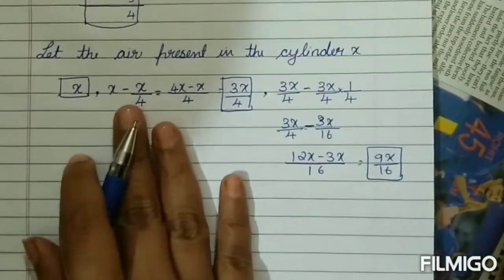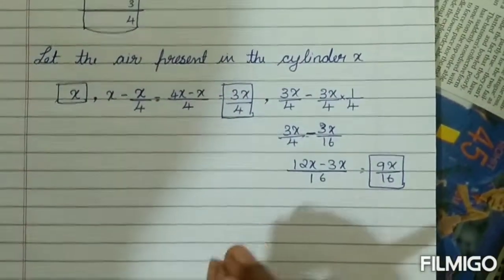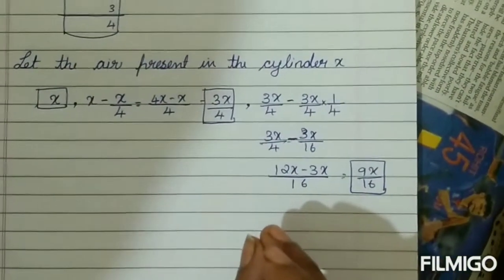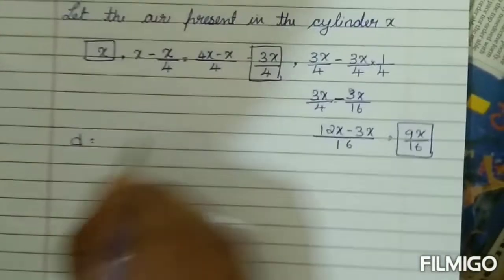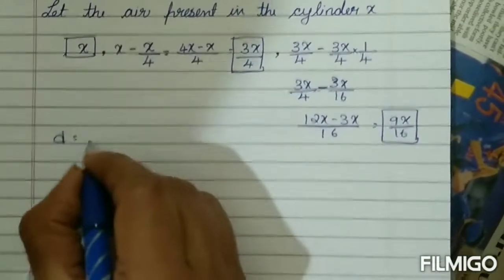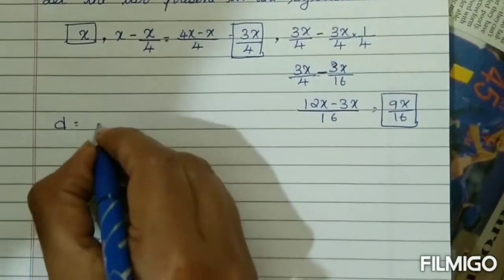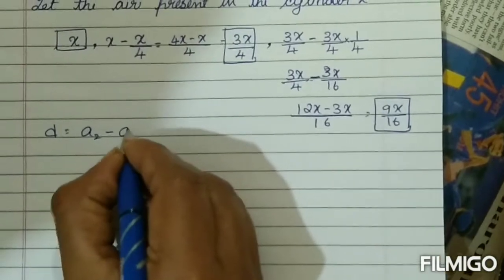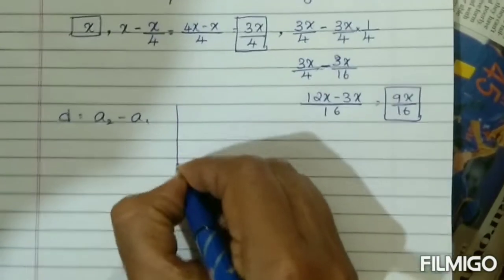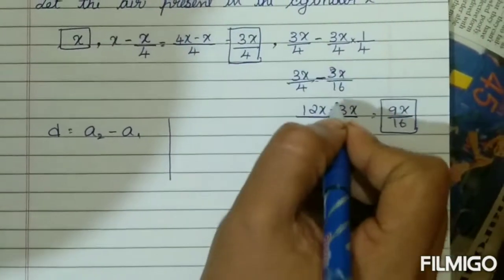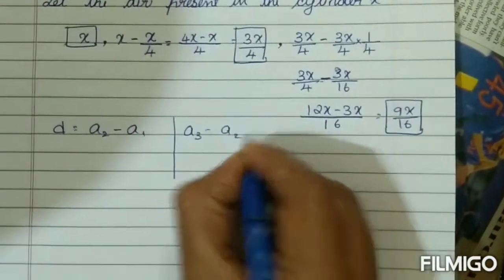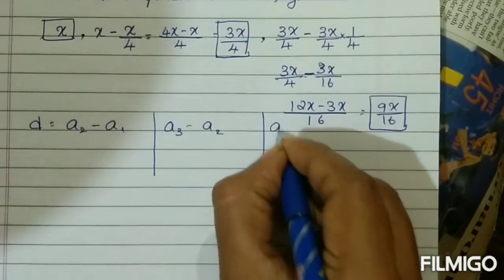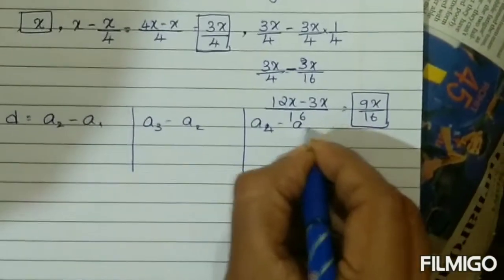To check whether this is an AP or not, what you have to find is the common difference: second term minus the previous term. A2 minus A1, A3 minus A2, A4 minus A3.